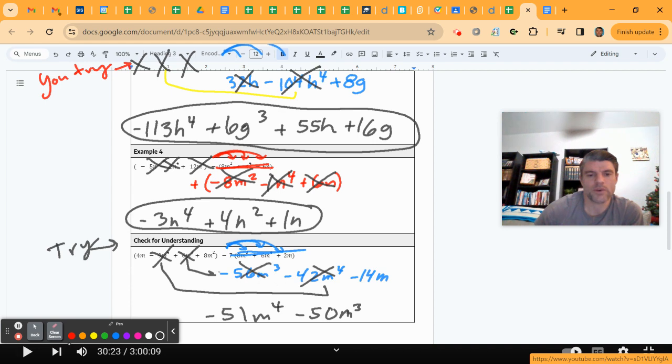And then m squared combines with nothing, so bring it down. And then 4m plus negative 14m is going to be negative 10m.